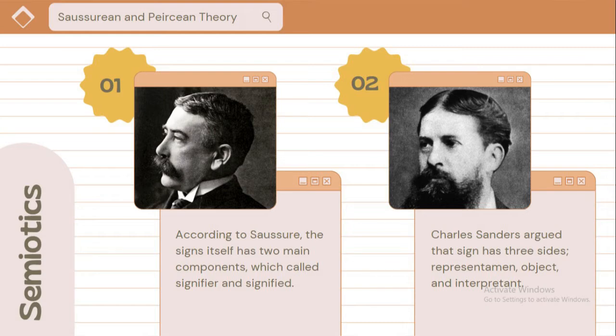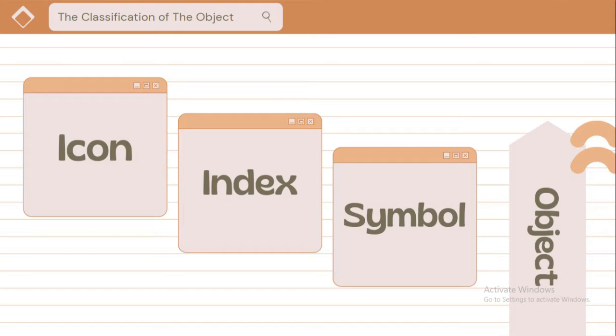On the other hand, Charles Sanders Peirce argued that a sign has three sides. The first one is representamen, the second one is object, and the third one is interpretant. And every side of a sign has its own classification. In this video, I would like to explain about Peirce's theory about the sign system based on the object.